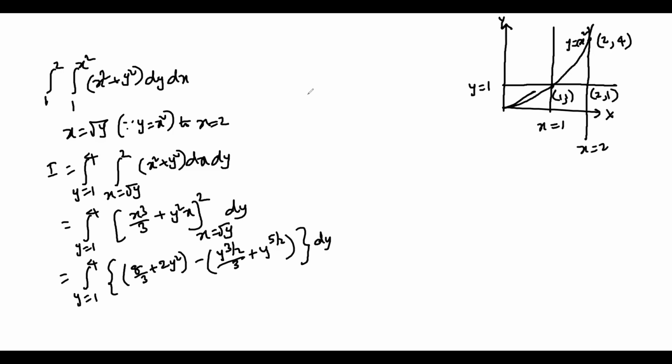Now 8 by 3 y, 1 to 4, plus 2 by 3 y cube, 1 to 4, minus 1 by 3 into 2 by 5 y power 5 by 2, 1 to 4, minus 2 by 7, here 2 by 7.